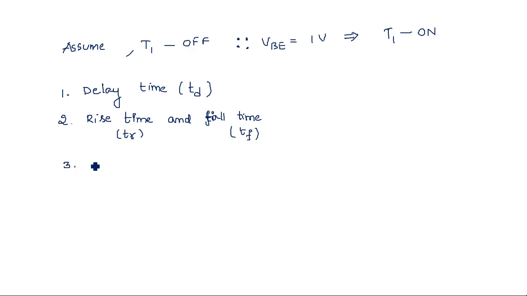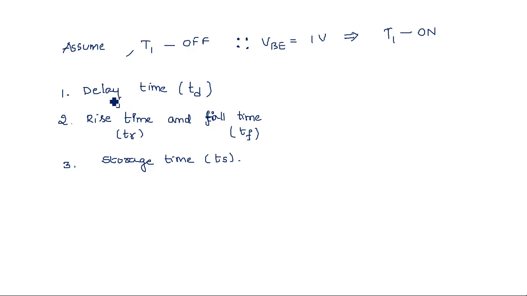And third one is storage time, indicated by TS. These are the 3 important timing factors that we should consider when the transistor is switching from on to off and as well as off to on.